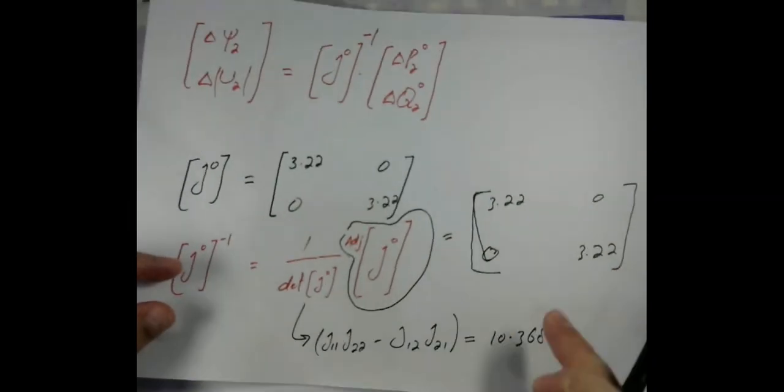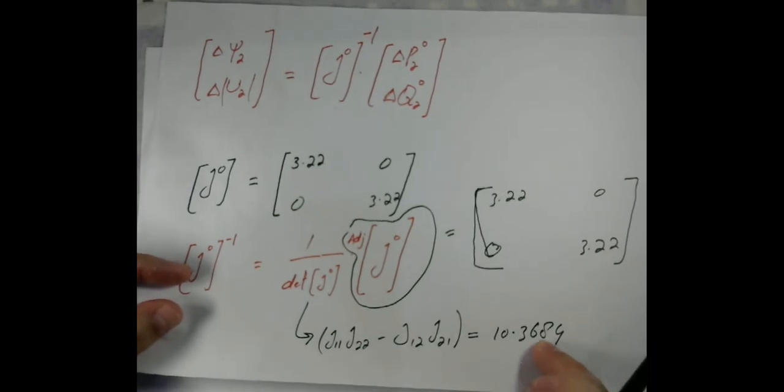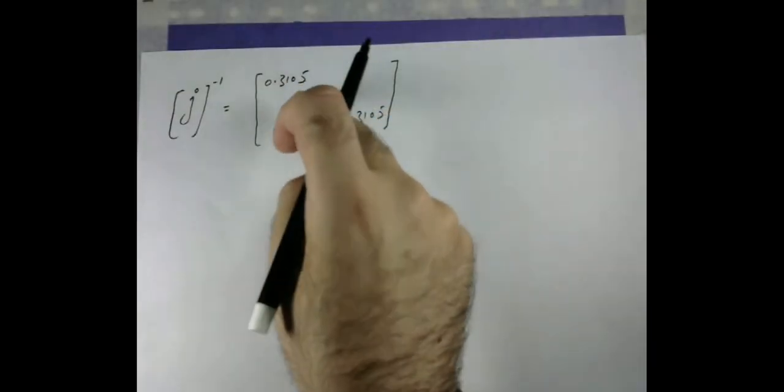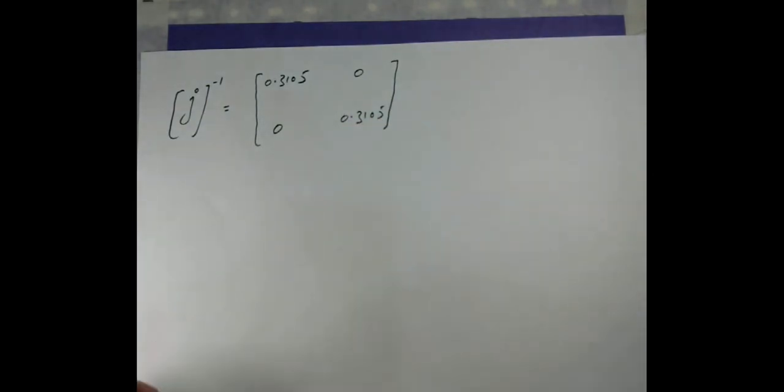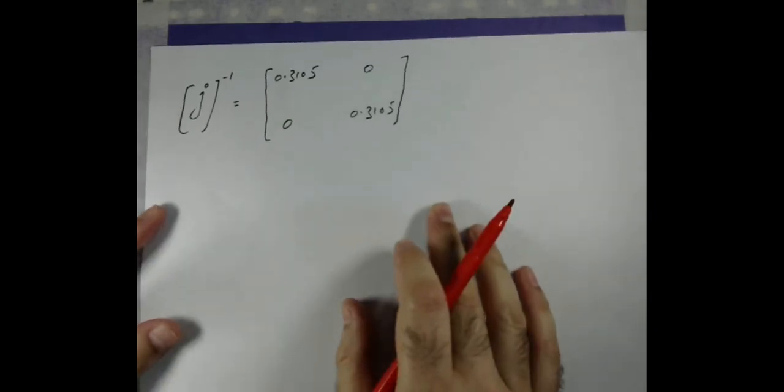Dividing each of these entries by this determinant value, we get the inverse of the Jacobian matrix. For 2 by 2 it is quite simple. I believe it will take more time when the order of the matrix gets larger.